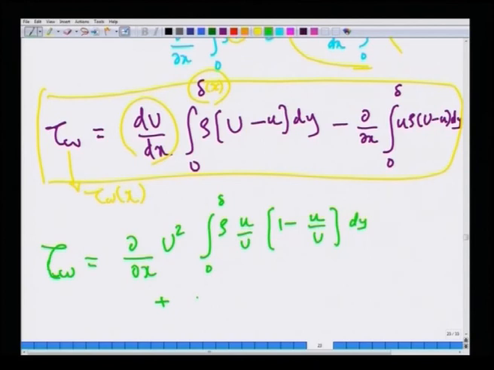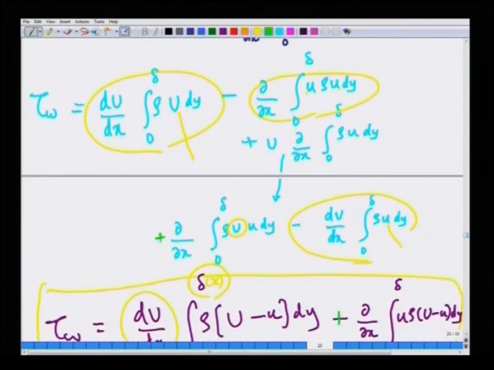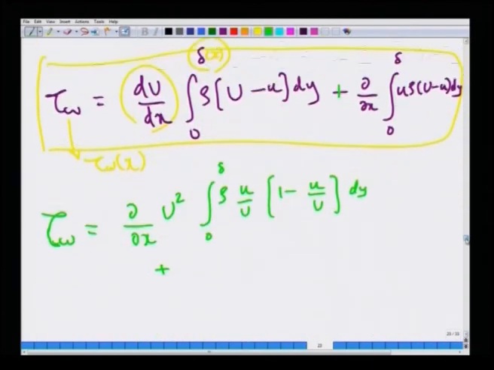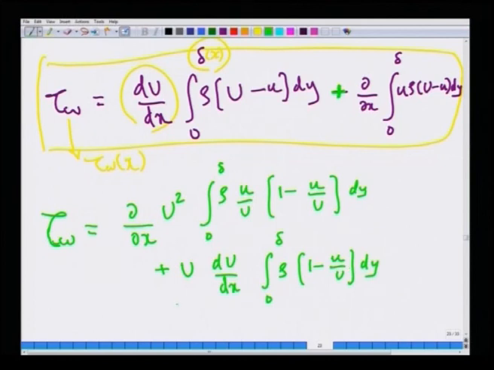I am sorry, there has to be a plus sign here, because I am using capital U first. So, capital U is multiplied by a plus here. Okay. So, capital U has a plus term. So, this is a plus, not a minus in this expression. So, plus, therefore, dU/dx times the integral 0 to delta of rho times 1 minus u by U dy. I am just rewriting this expression.